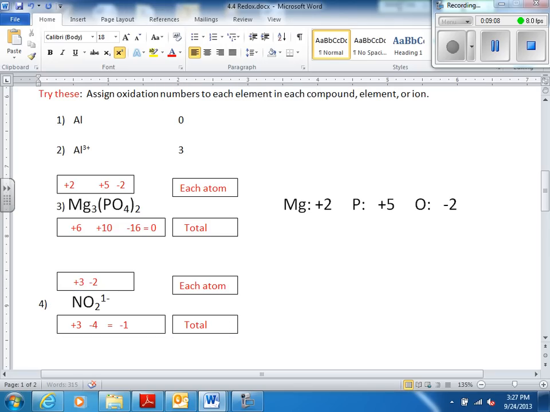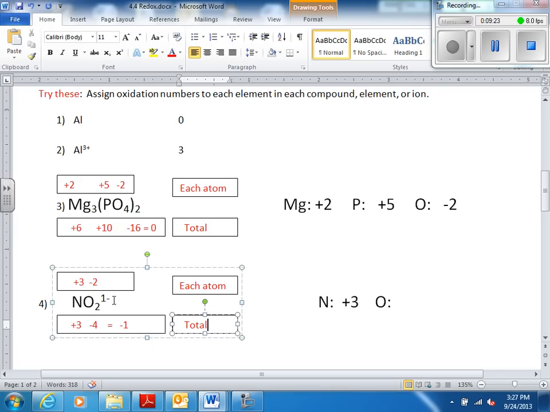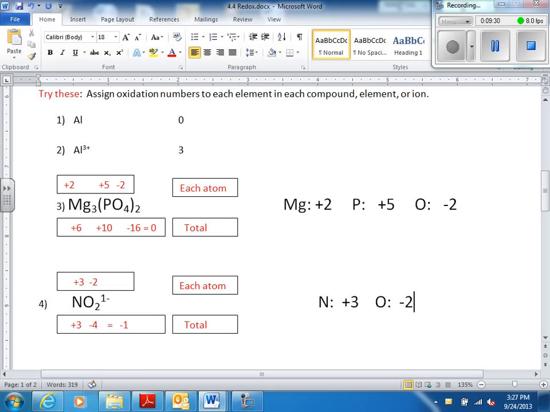And then my final answer is, the N is +3. And the O, it is not -4. We don't do the totals. It's not the totals. It's atom in the substance. So O would be -2. These would be our answers. So these are the oxidation numbers for nitrogen and oxygen in nitrite.